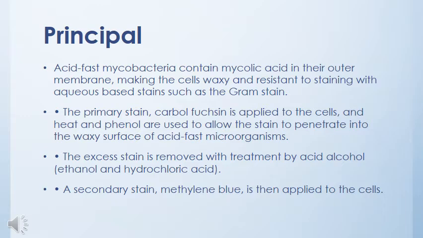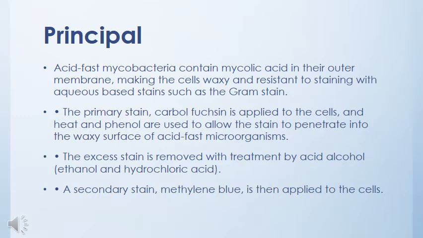After application of carbolfuchsin on the bacteria, we heat it, and heat helps the penetration of carbolfuchsin through the mycolic acid in the cell wall of bacteria. So carbolfuchsin will penetrate the waxy surface of the bacteria.